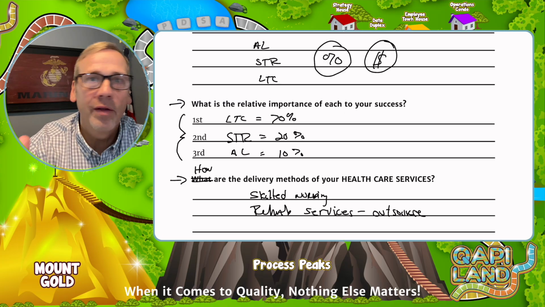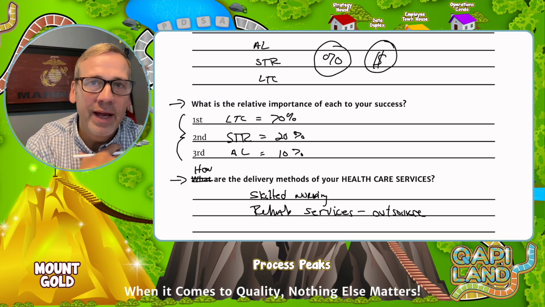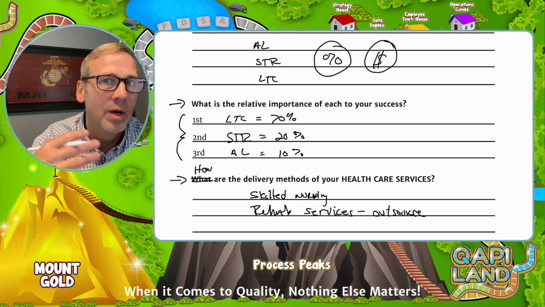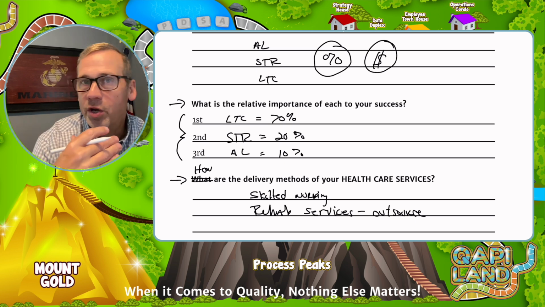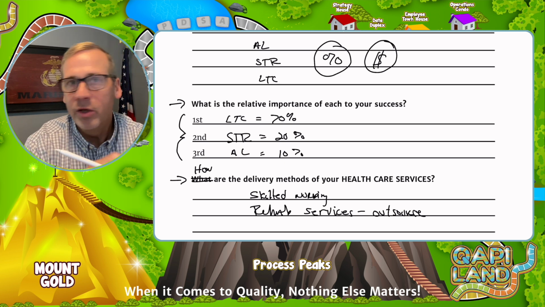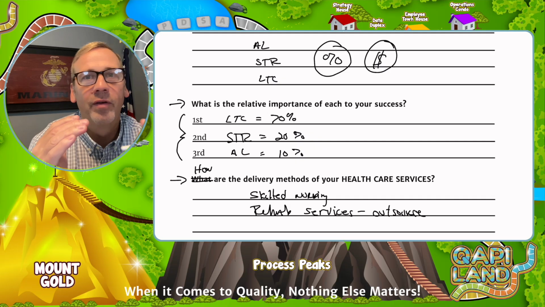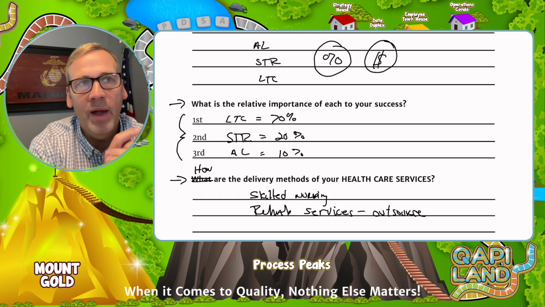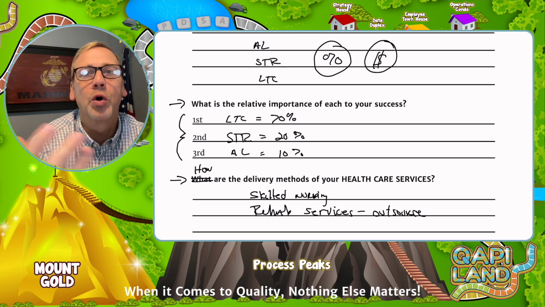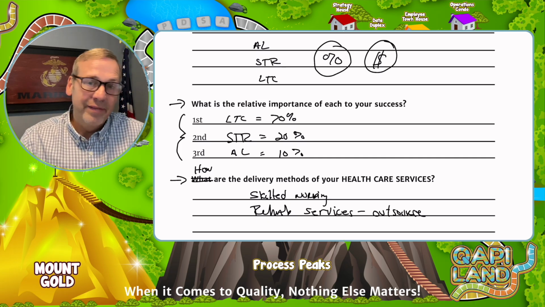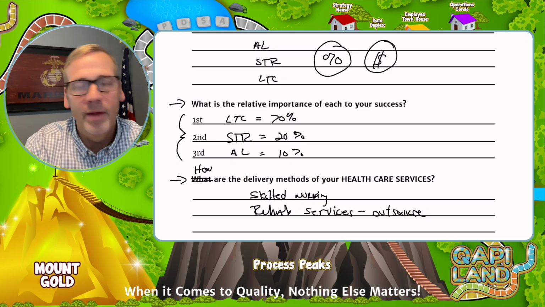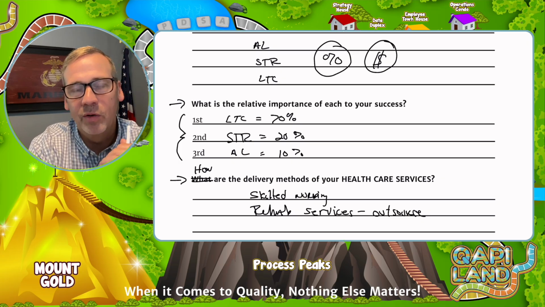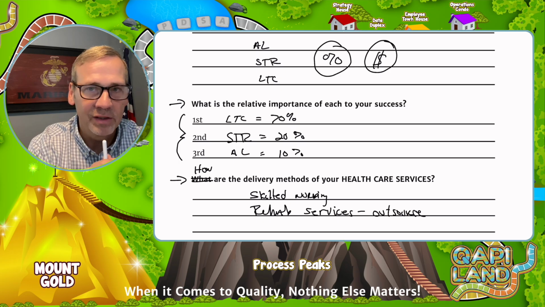Maybe you have home health services. I know a lot of ALs are using home health services to provide one-on-one nursing care where you're able to keep a higher acuity level resident in an AL by having some services come in, like home health services, and provide some additional care and oversight to those residents. So again, even home health services could be one of the delivery methods you use to provide healthcare services.